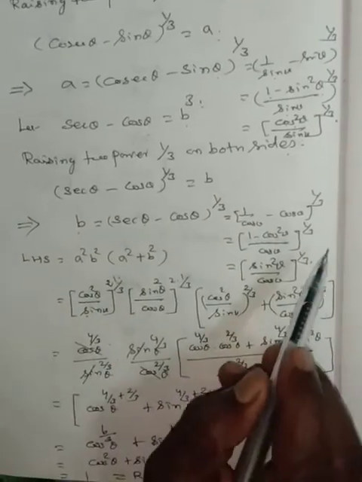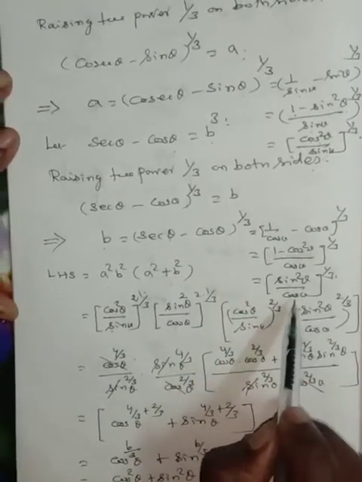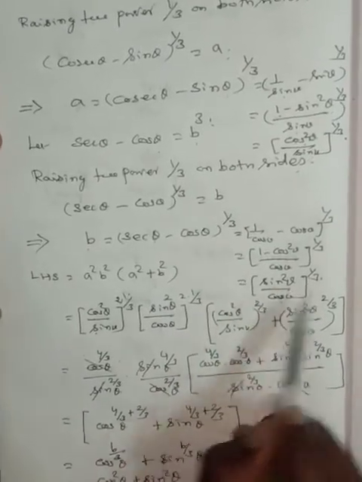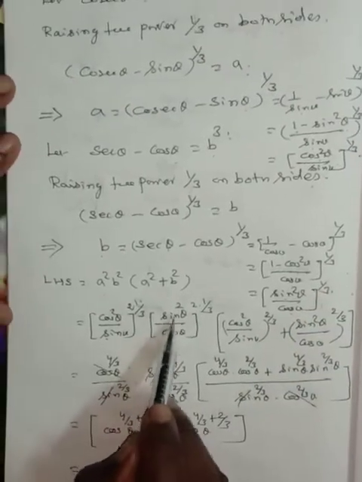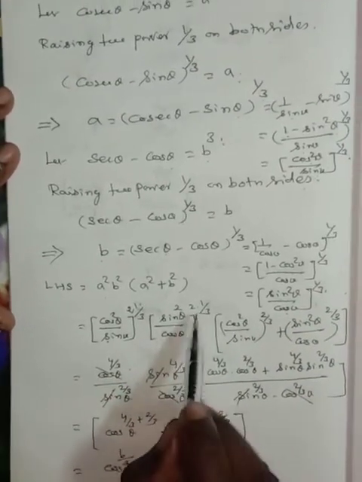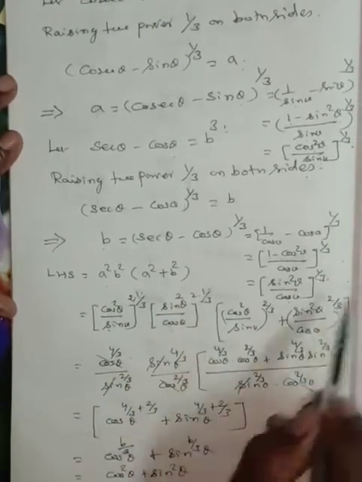Okay. Next b square. B square is sin square theta divided by cos theta whole to the power of 1 by 3 into power 2. Therefore sin square theta divided by cos theta power 2 into 1 by 3 is 2 by 3. Okay. Next bracket a square plus b square.